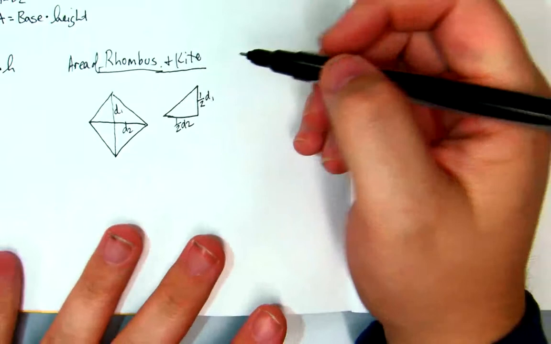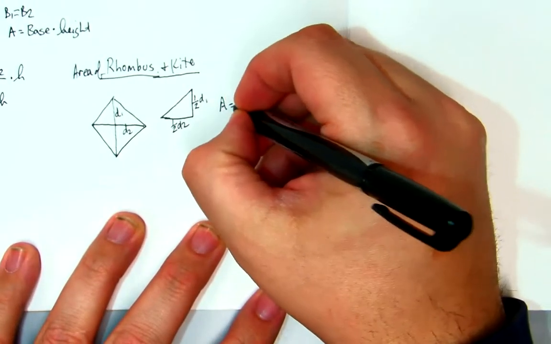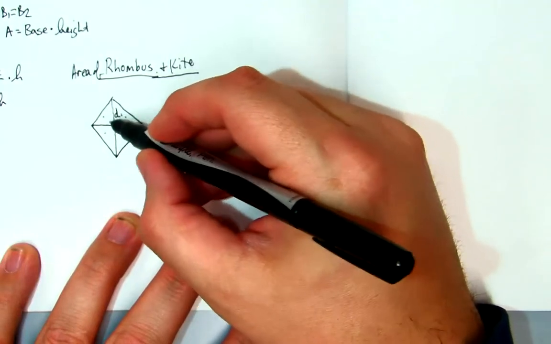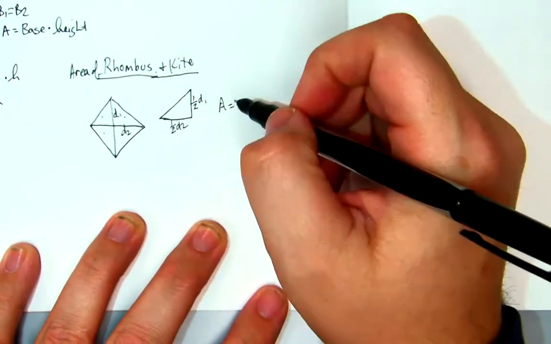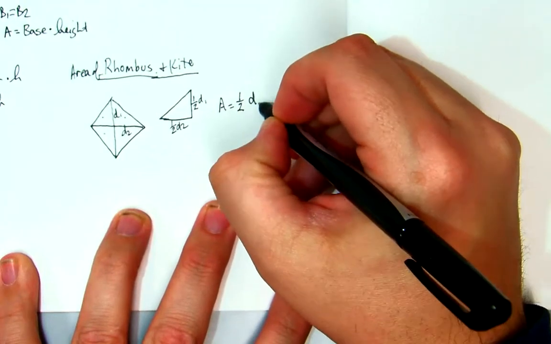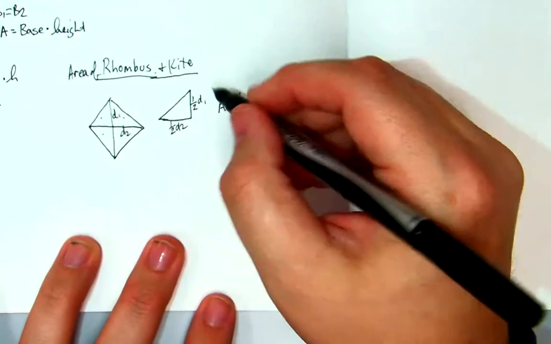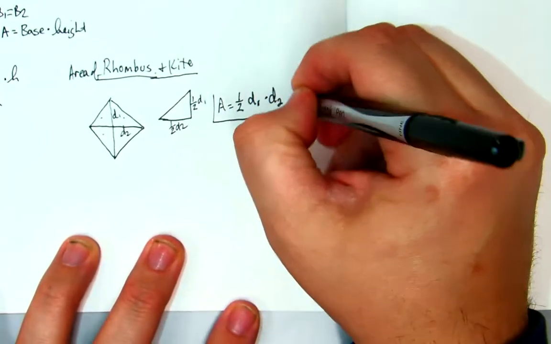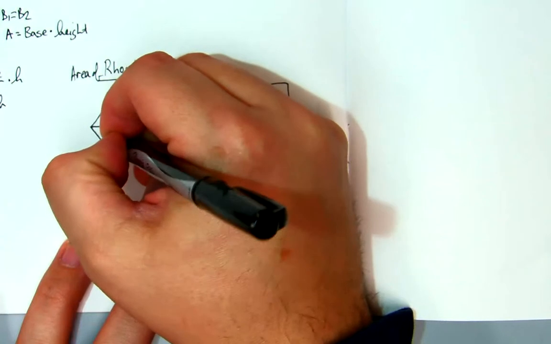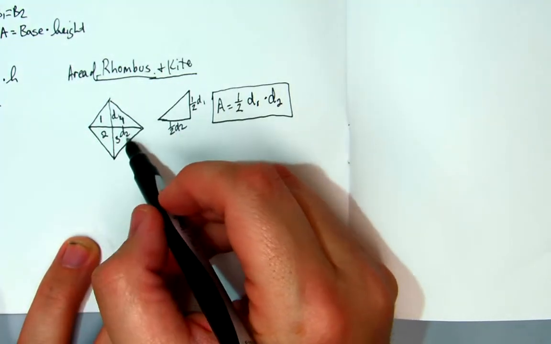To make a long story short, if we add up all four of the areas of the triangles, you get 1/2 the first diagonal length times the second diagonal length. So there's your formula for your kite, and that would be from finding the areas of triangles and putting them together.